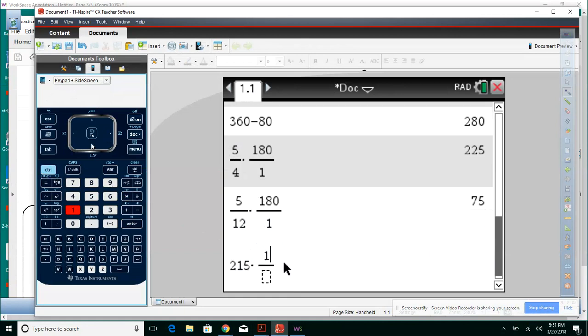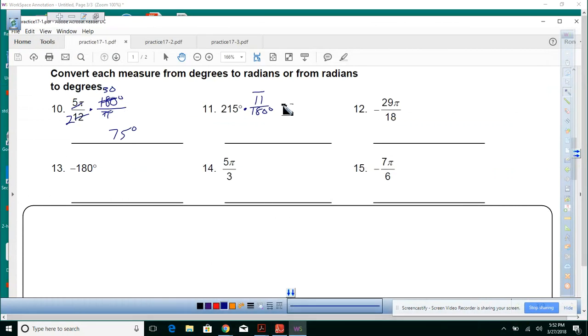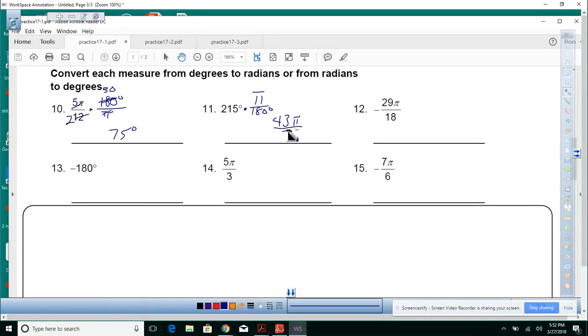We're going to put 1 over 180 so that we can leave it in pi. So that's going to give you 43 pi over, was that 60? 36. 36. Okay. All right. Radians.